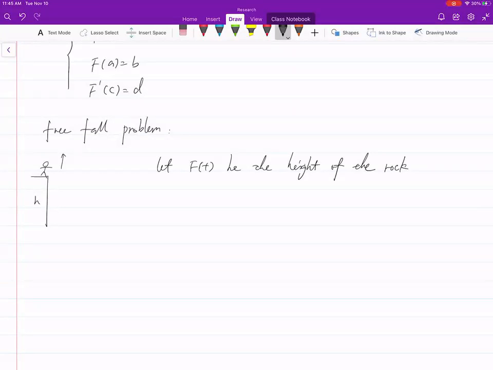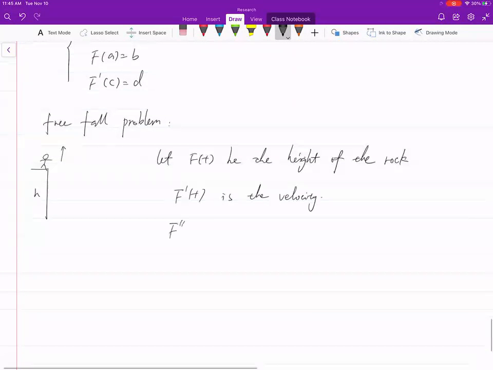Good so far? What is f prime(t)? The rate of change of the height. That is going to be the velocity. Good so far? All right. Then what is f prime prime(t)? That's going to be the acceleration.